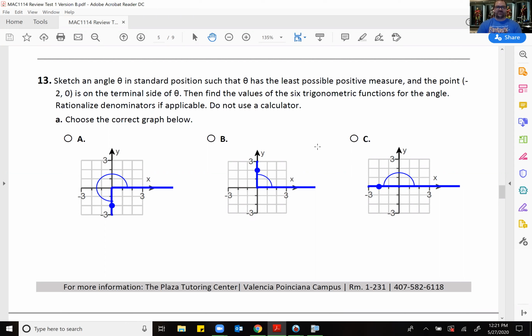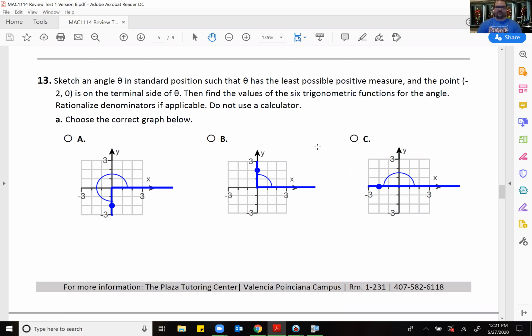So the graph that shows -2, 0 is C. So there's your graph, because that's the one that has the point -2 graphed, and we're going in a counterclockwise rotation. Okay.